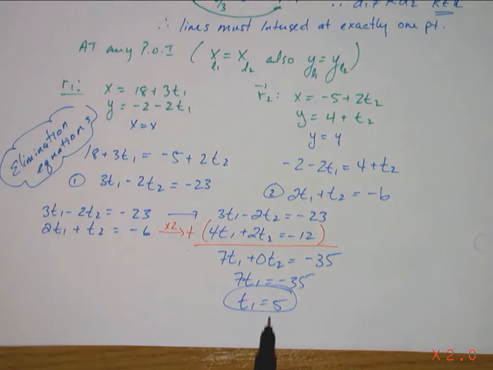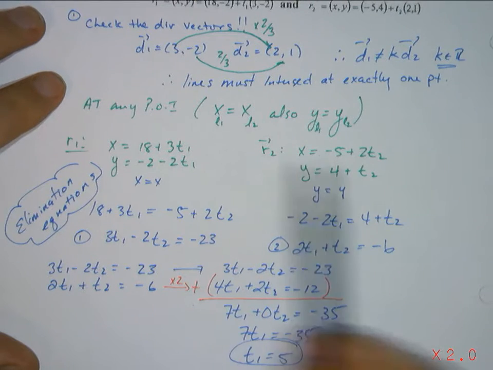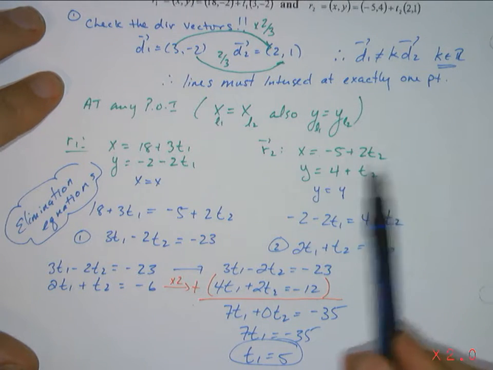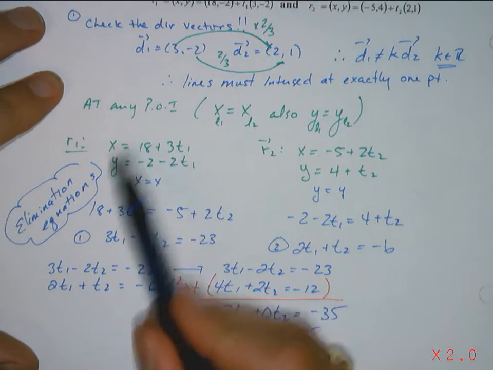That's the value when x will equal x and y will equal y. I don't have to go through and find t2. I have enough with t1. All I have to do is go back and plug it in to the appropriate parametrics. I shouldn't be plugging it in here because that would be for t2. Had I solved for t2, I'd plug it in. But I solved for t1.